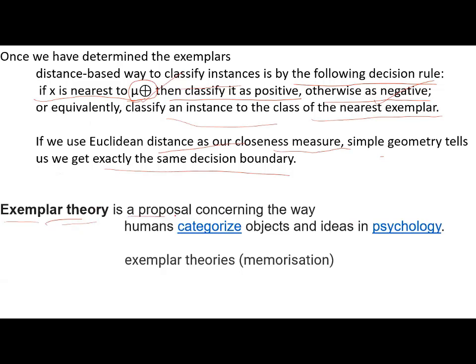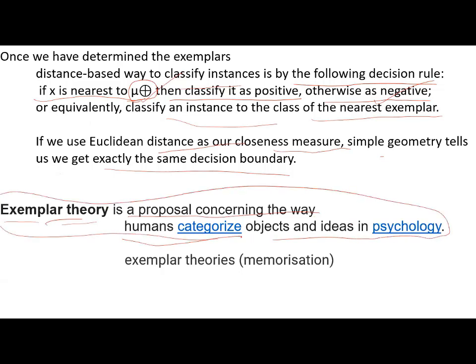Exemplar theory is a proposal concerning the way humans categorize objects and ideas in psychology. Exemplar theories are nothing but memorization. You have to remember exemplars.